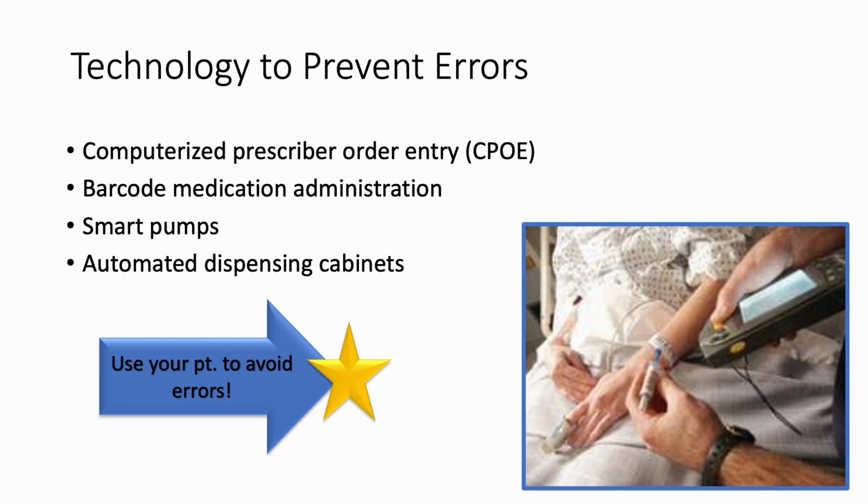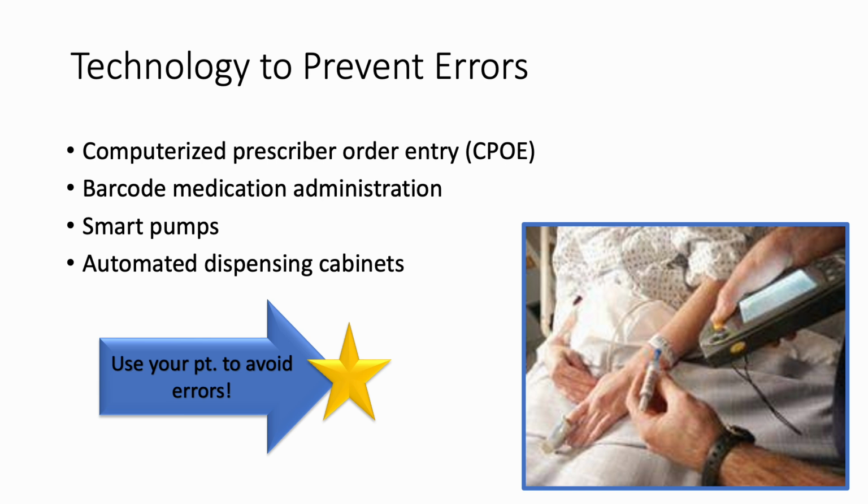There is some technology out there that was made to help us prevent these errors, and it can be really helpful, but when it doesn't work or we get in too much of a hurry and bypass these safeguards, it becomes a big problem. A couple things that help us.